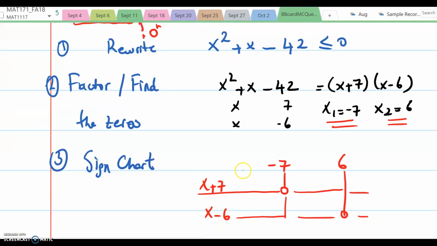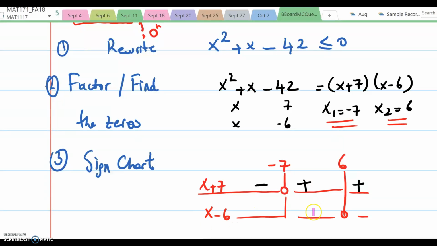For x + 7, if I give values less than negative 7, which is negative 8, negative 9, negative 10, this linear factor will be negative there. Because there's no root here for x + 7, it's going to continue like that. I will do the same thought process for x - 6.